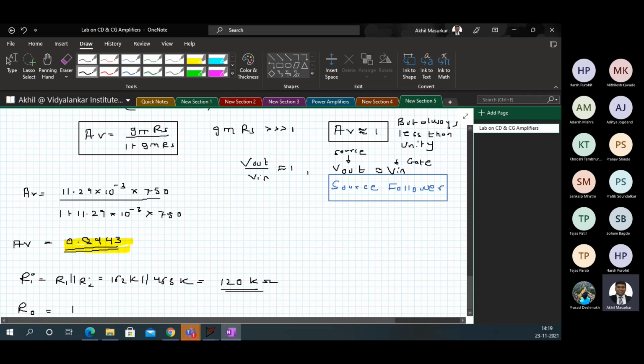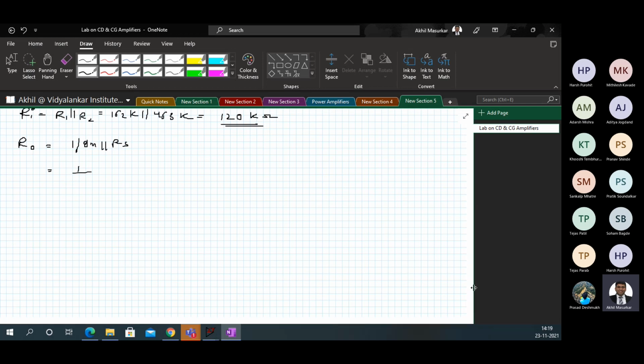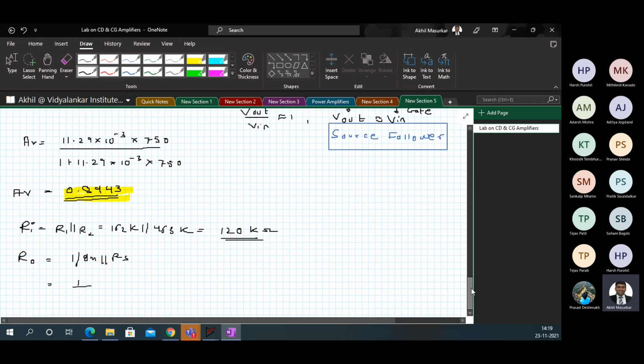R naught in the case of this amplifier is going to be 1 by Gm parallel to Rs. Okay, 1 by Gm parallel to Rs. So you can just calculate this value for the time being, and then I will tell you why that 1 by Gm component is there.